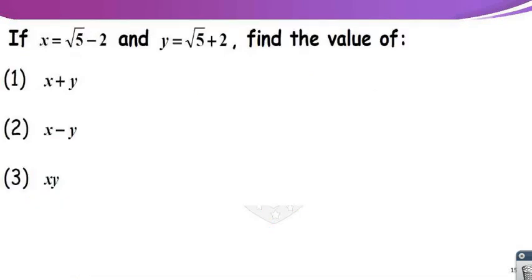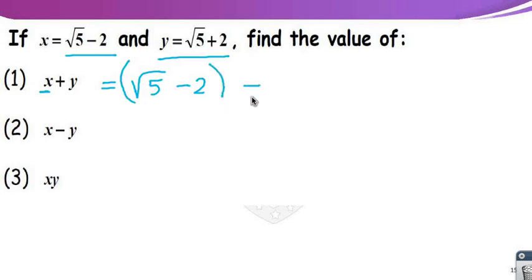Okay, if x equals square root of 5 minus 2 and y equals square root of 5 plus 2, find the value. If we put x here, it will be square root of 5 minus 2. So x plus y here, it will be square root of 5 plus 2. So we will add the same terms.